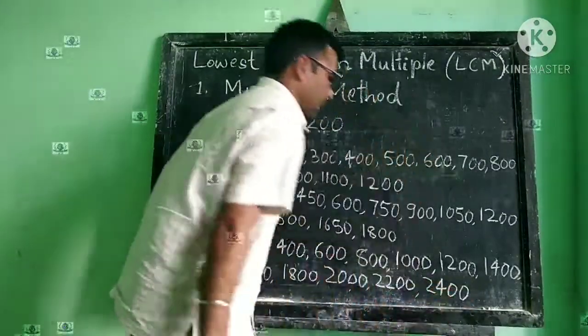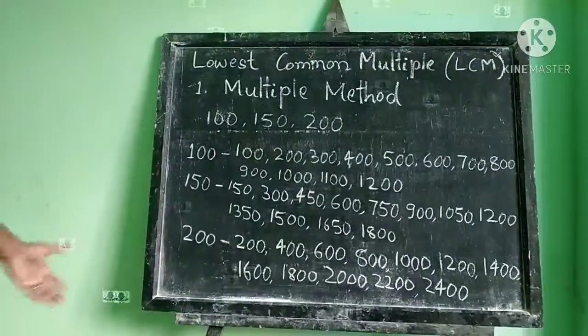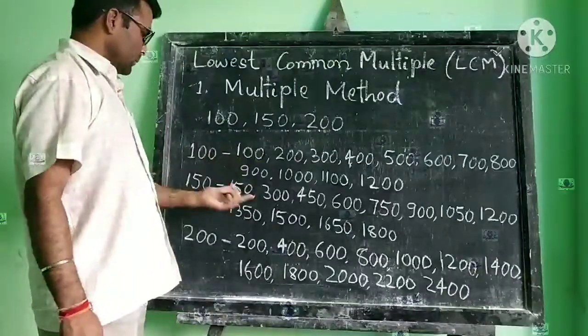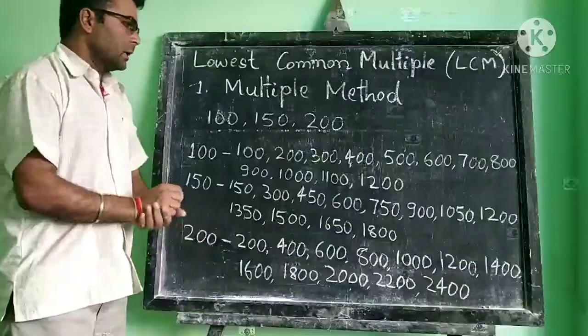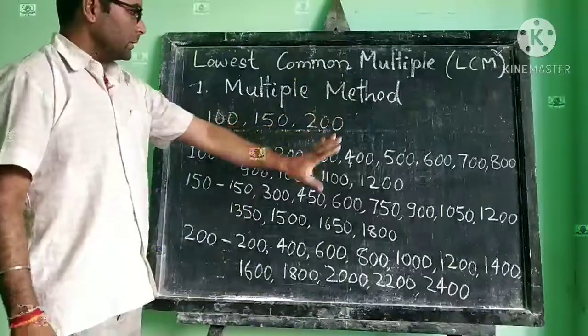Let us take this much. So dear students, here we have found 12 multiples of 100, 12 multiples of 150 and 12 multiples of 200. In this first method, the multiple method, we have found the multiples.